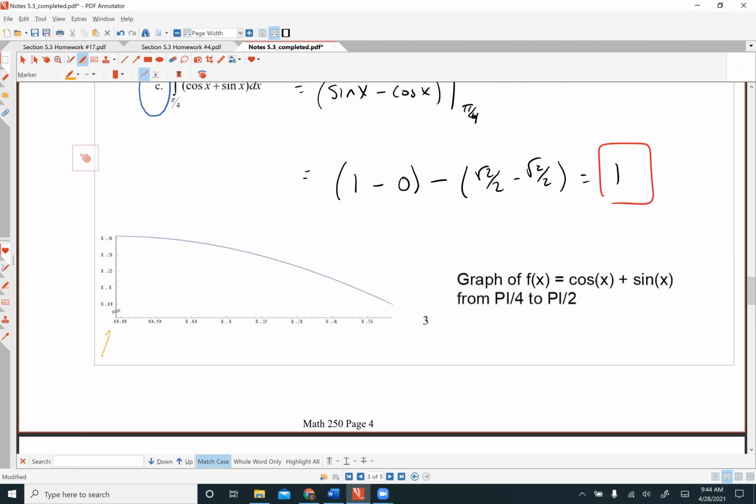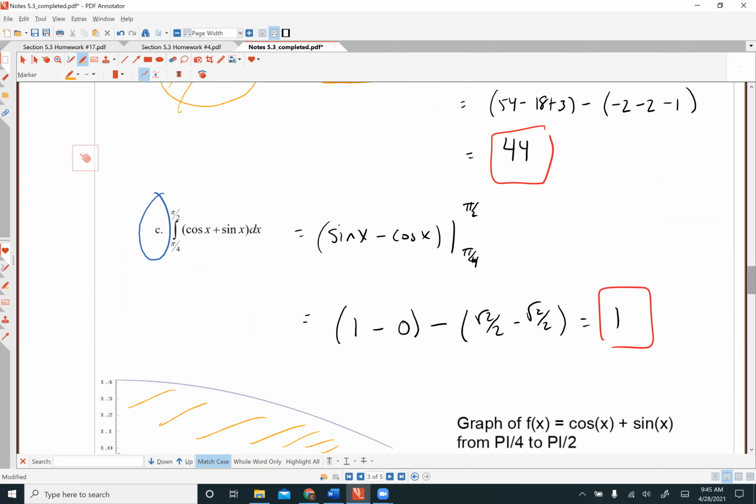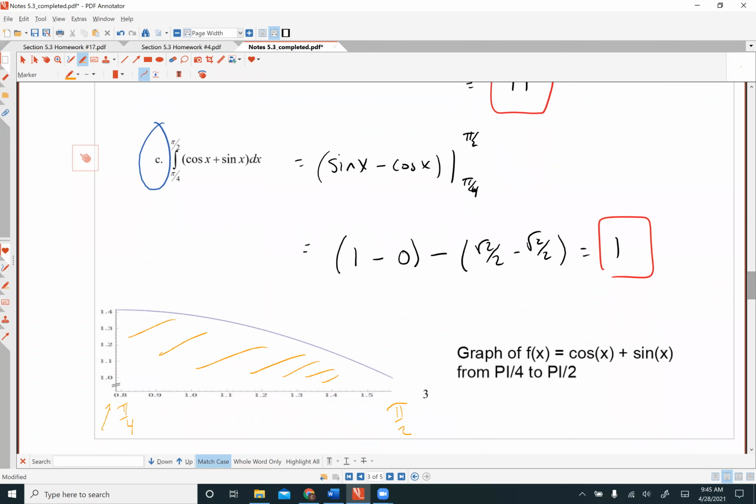Okay, so this is pi over 4. It's about 0.8. And here, this is pi over 2. And here's this shaded region, and we want this area right there. Doing it with rectangles seems kind of daunting.